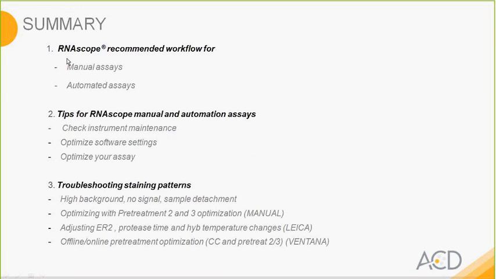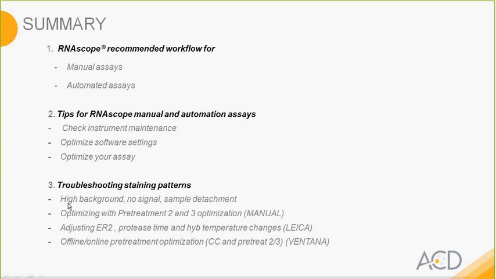As a summary, we have discussed the recommended workflow for manual and automated assays. We have discussed tips for RNAscope manual and automated assays, which include instrument maintenance, optimizing your software settings, and importantly, optimizing all your assays, whether manual or automated. We have also reviewed troubleshooting staining patterns.